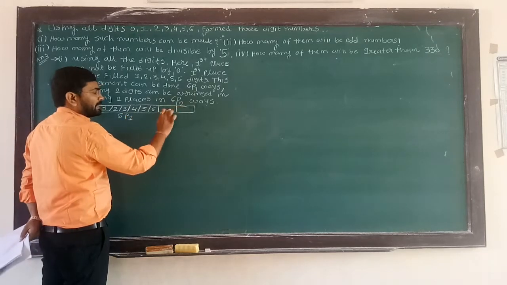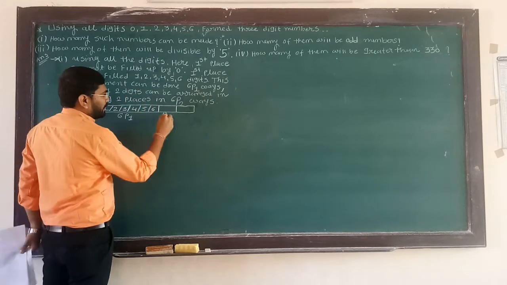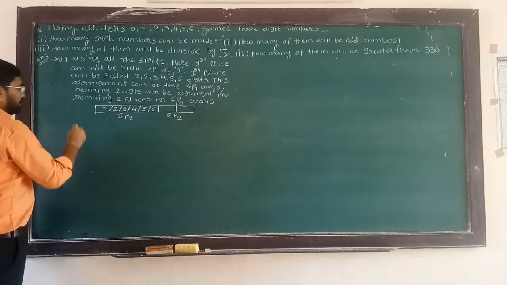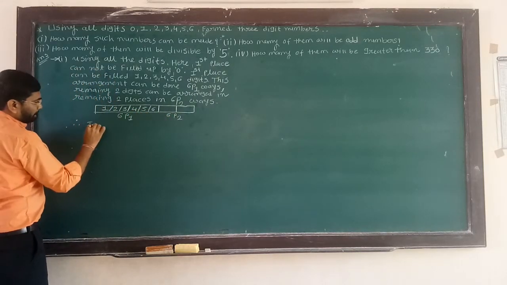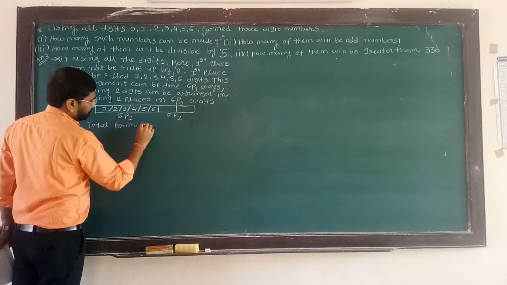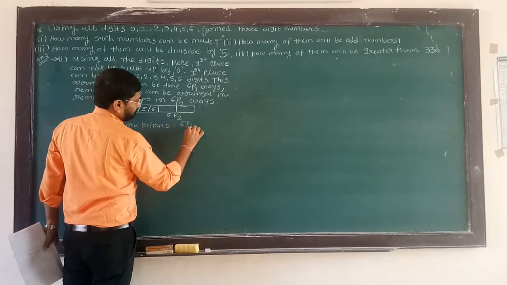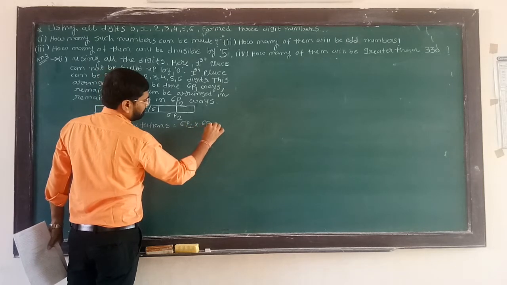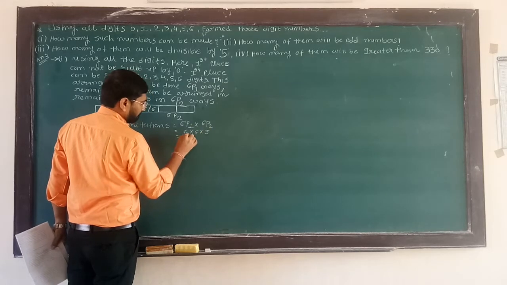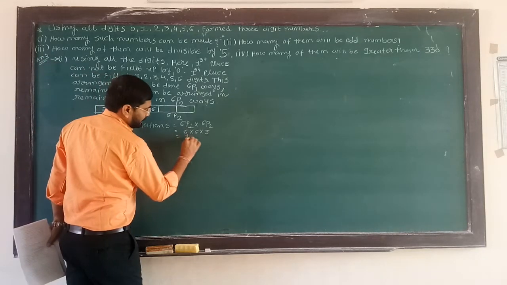And out of 3 places, the remaining 2 places are filled up with any of the numbers out of 6, because one number is used here. So we get 180 ways.